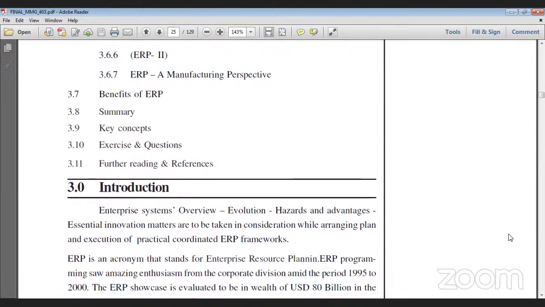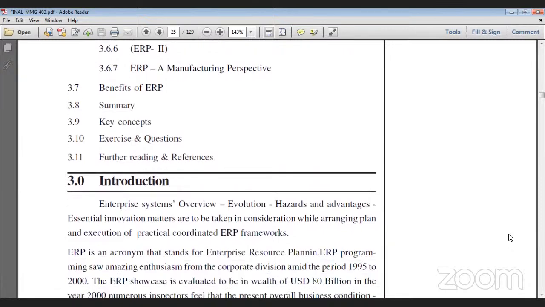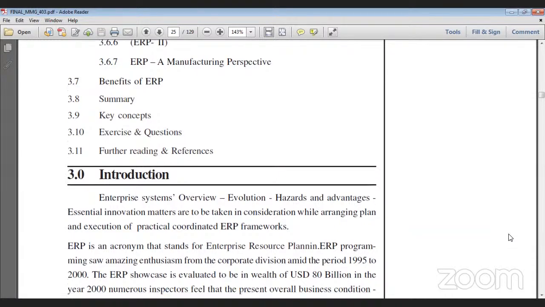Then ERP is an acronym that stands for Enterprise Resource Planning. The ERP showcase was evaluated to be in the belt of $18 billion in the year 2000.